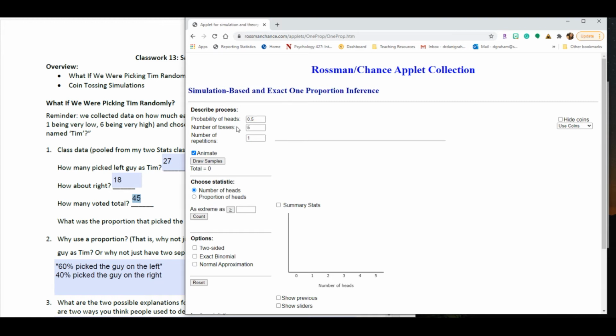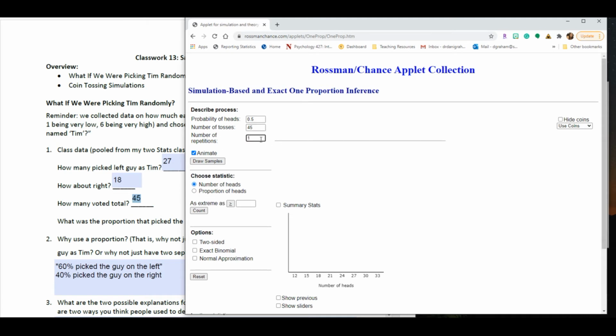Now, how many tosses, how many coins are being tossed? We want it to match up with our simulation so we can then compare directly, right? So if we're doing it based on our empirical data, that would be like flipping 45 coins. So the number of tosses is the number of people voting. Then the number of repetitions, we're going to start with just one, so we can see one in action.